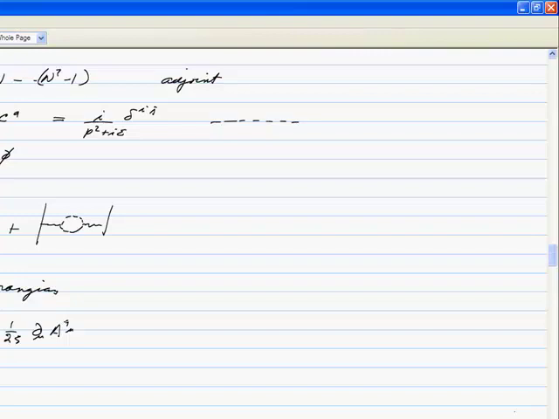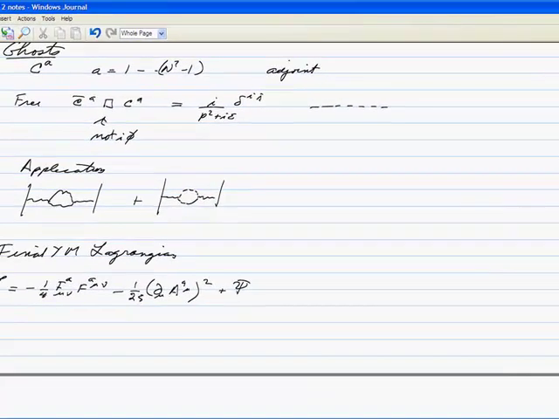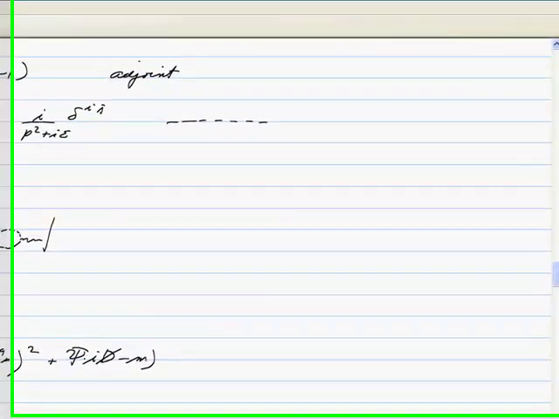These are A's, they run over all of them. There's a psi bar (i d slash minus m) psi.